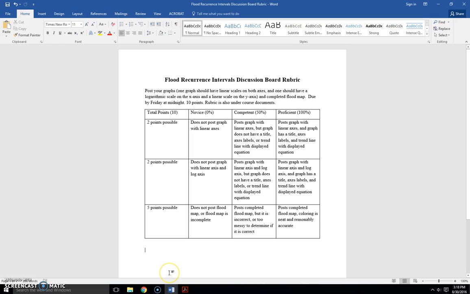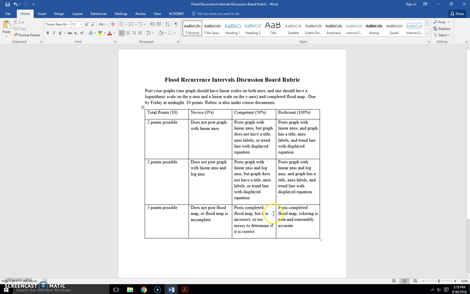But here's the discussion board rubric for the flood recurrence intervals. And so see here, you get full points for your map if it's completed and coloring is neat and the coloring is reasonably accurate. Okay? If it's really messy and definitely not correct, you get 50%. And if you don't do it at all, you get 0%.